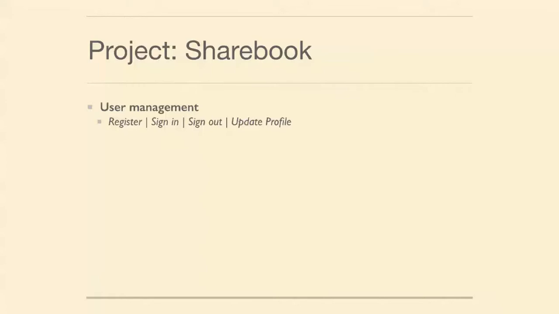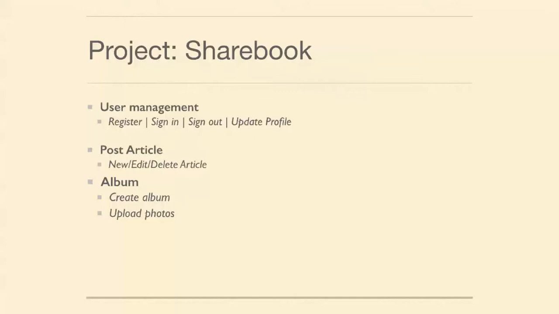As we discussed in the last episode, I will create a Facebook-like application, which I named Sharebook. Inside this Sharebook project, we have a user management system. We allow users to register, sign in, sign out, and update a profile, just like any social network website. Users can post articles onto the website; they can create, edit, and delete their articles.